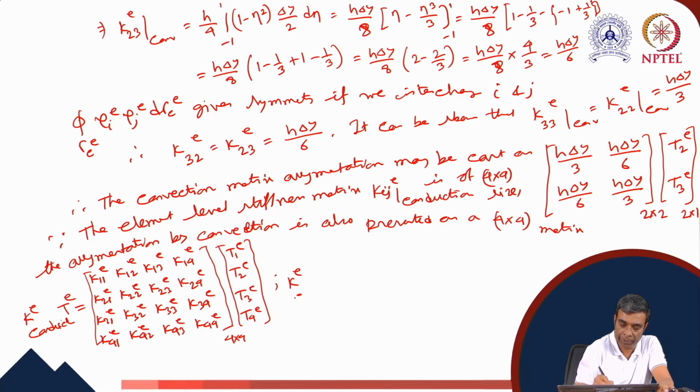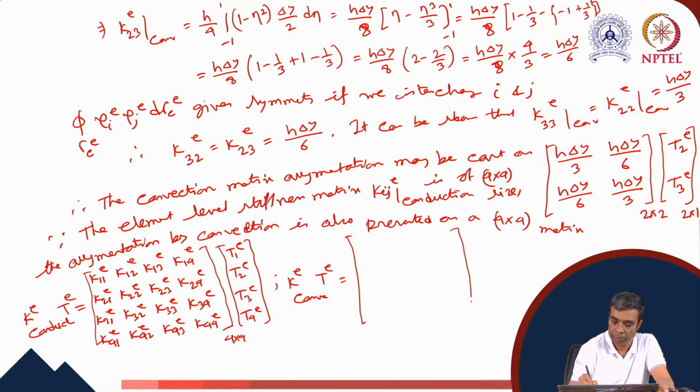Similarly, we can represent Ke convection into Te equals T1E, T2E, T3E and T4E.